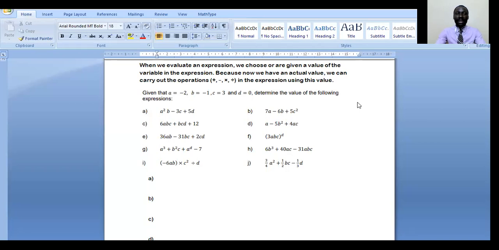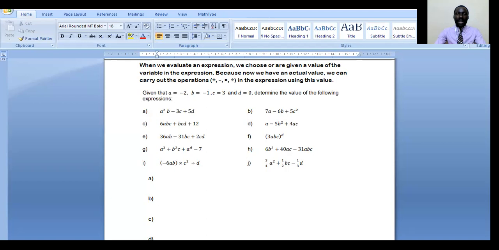Now we say when we evaluate an expression, we choose or are given a value of the variable. The variable in this case is used to mean the unknown, the number which is not known.